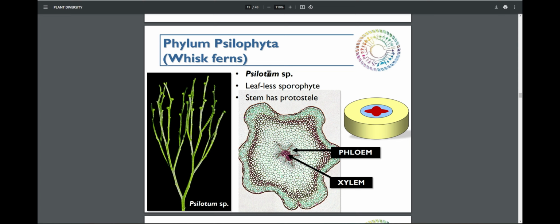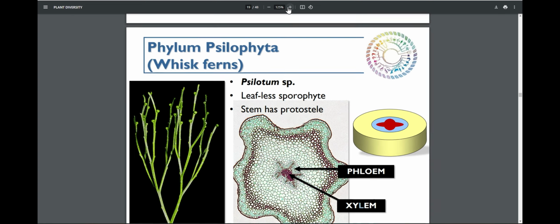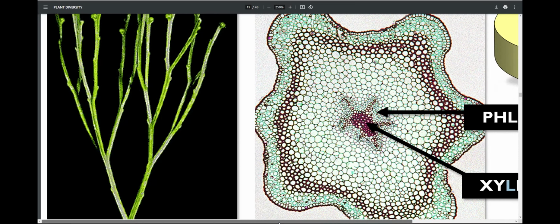So they do not have leaves, but the stems do the photosynthesis because they're green and have chlorophyll, chloroplasts, those things. The stem is a protostele, so in the middle are the phloem and xylem, and I believe Cleve mentioned this part specifically.